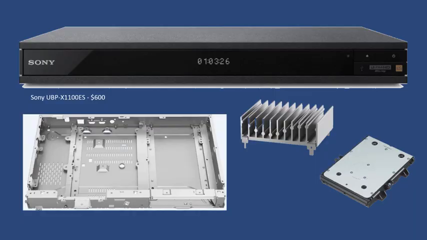At 8.6 pounds, the X1100ES is certainly heavier than my current player. While Youthman and HDTVtest speak to the smoothness of the Pioneer disc loader, HDTVtest notes that the Sony X1100ES load time is the quickest. Load speed is important to me.